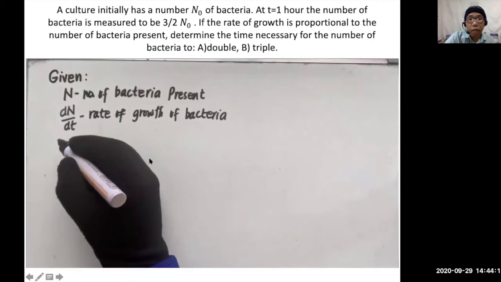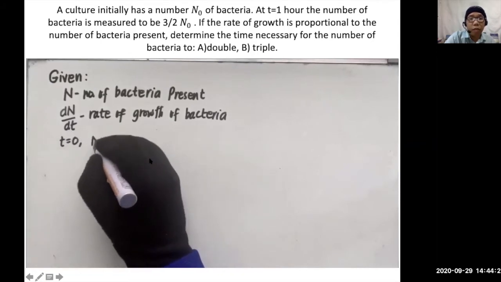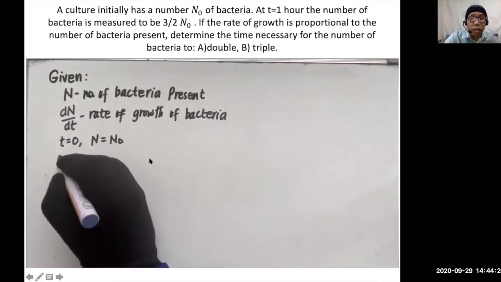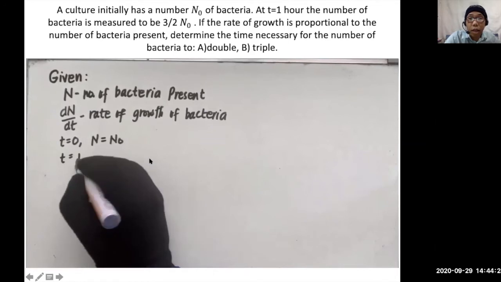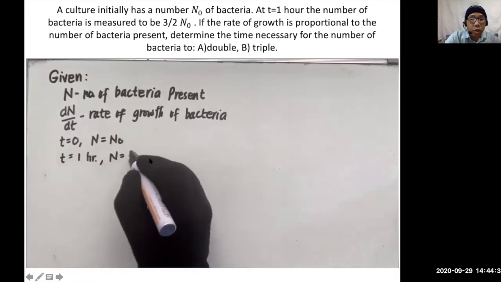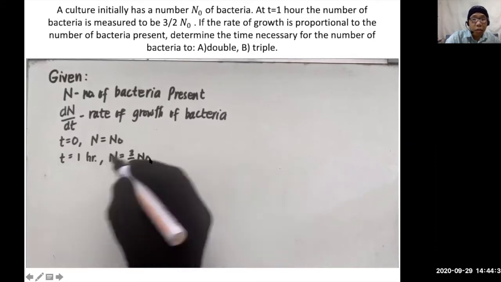Now, you read the problem and come up with these conditions: at time t equals 0, or initially, the number of bacteria is n sub 0. And after 1 hour, the number of bacteria is 3/2 that of n sub 0, so it actually increased.